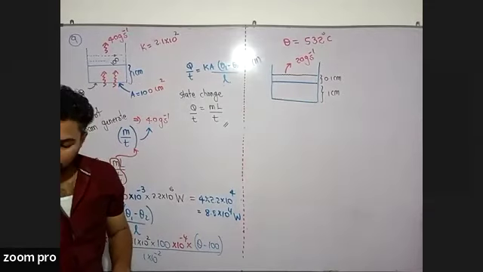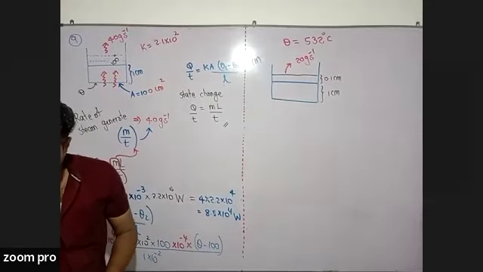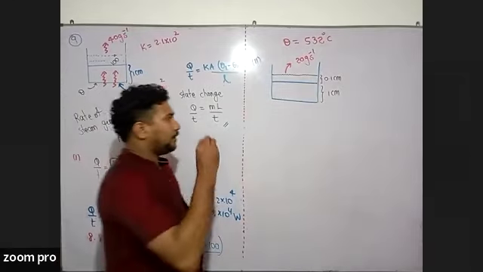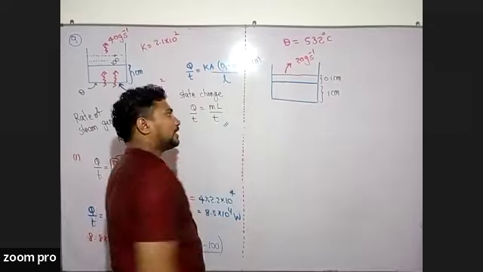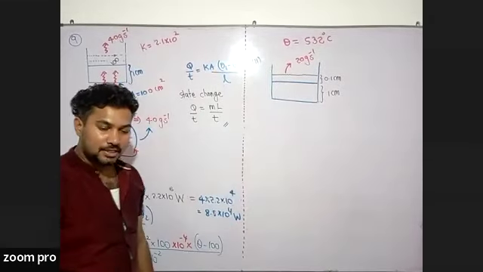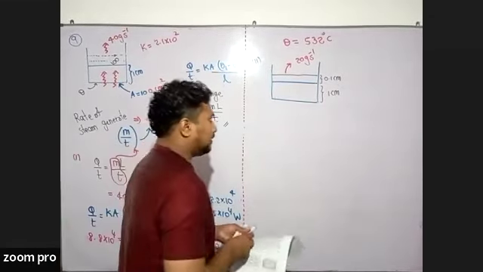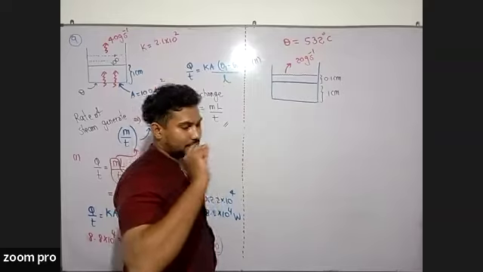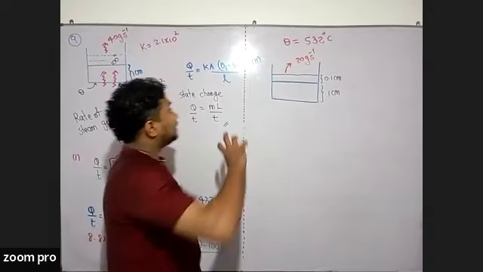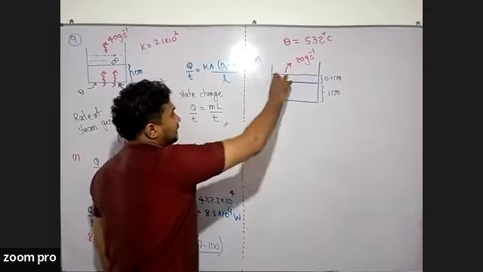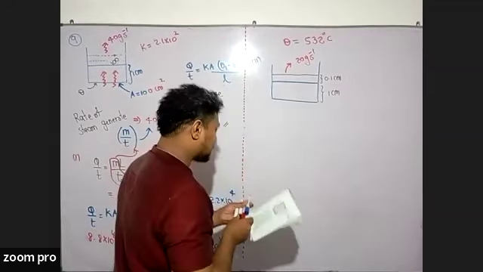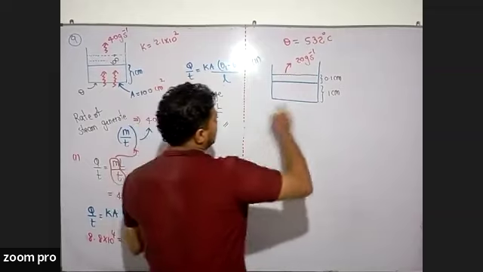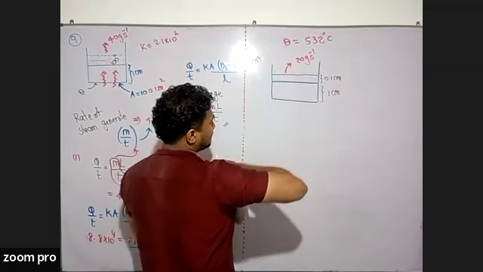Then when you apply this equation for two different materials, you have to consider the temperature. So you have to definitely apply this equation to each material separately. Now as an example, let's consider this example.